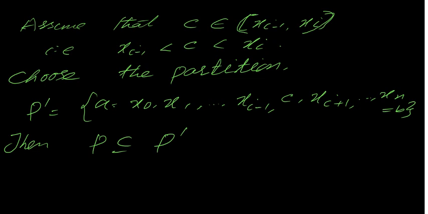So assume that it lies in the ith interval, and from this we obtain the following partition P', which contains this point c also. It contains all the points of the partition P, and one more point, c, which is not in that partition actually.